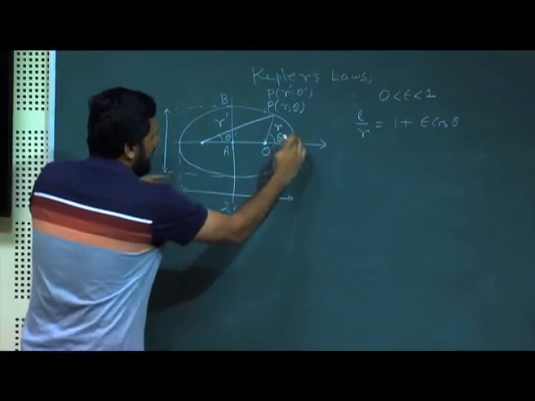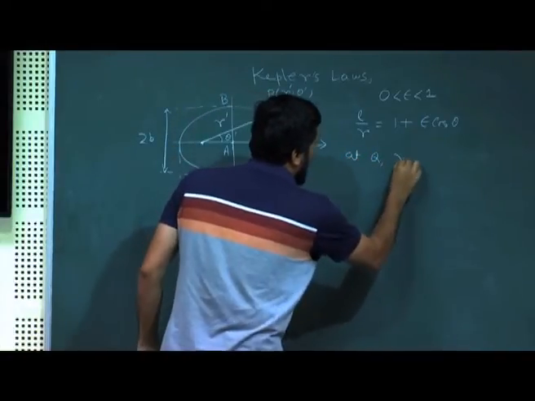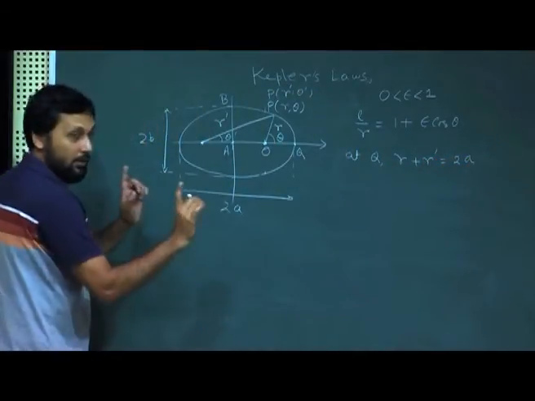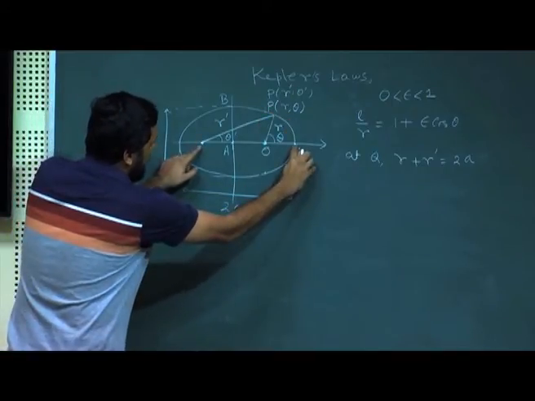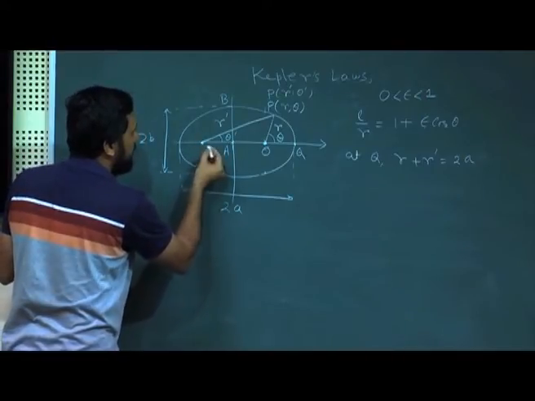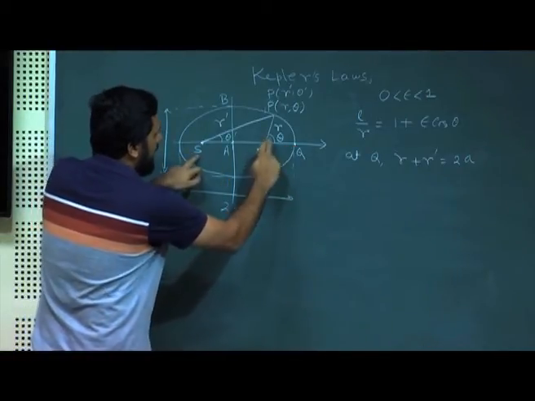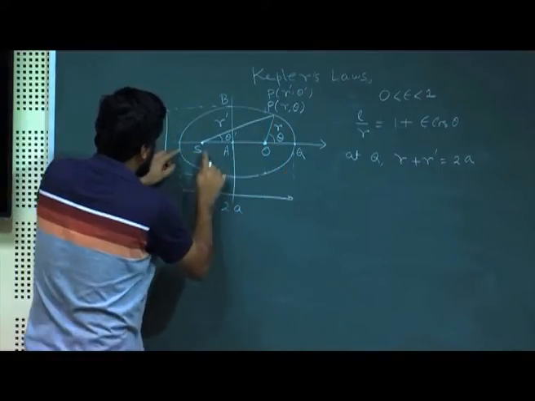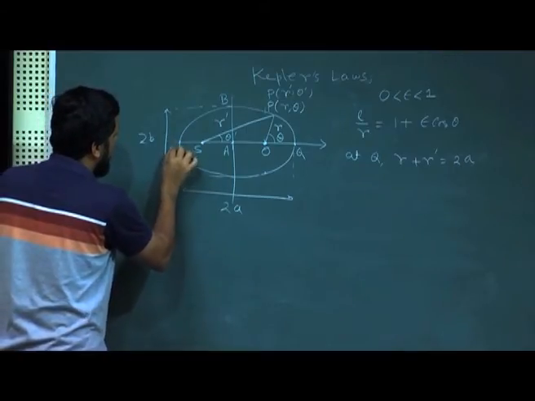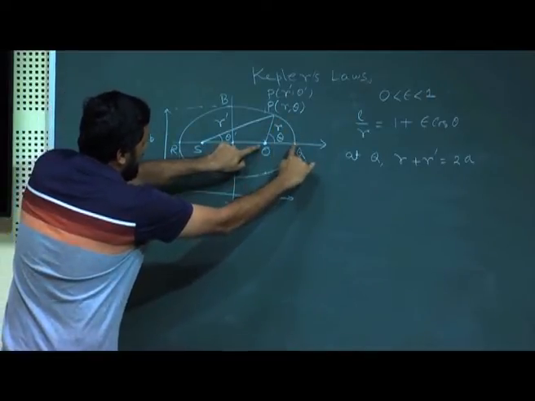So, if these two points coincide, we can say that at Q, R plus R prime is equal to twice A. Think of it, when this point moves here, R prime will be SQ and R will be OQ, which will be equal to, we will also need a name for this point, SR. So, this will be equal to this.